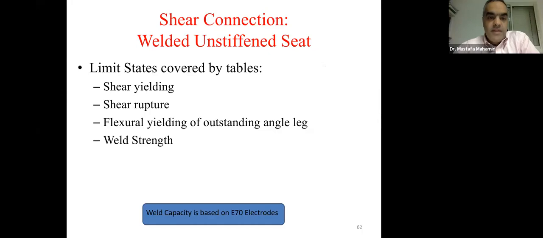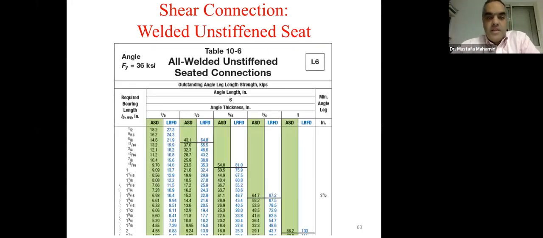What's covered by the table: shear yielding, shear rupture, and flexural yielding of the outstanding angle leg, and the weld strength. Again, the weld is based on E70 electrodes, and table 10-6 gives the capacity of the all welded and stiffened seat connection.